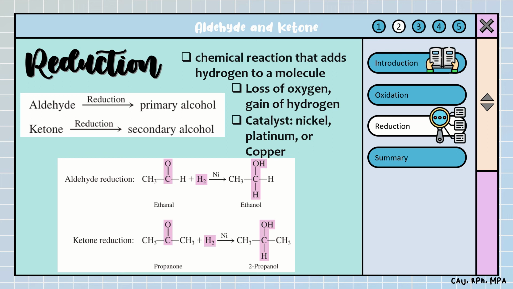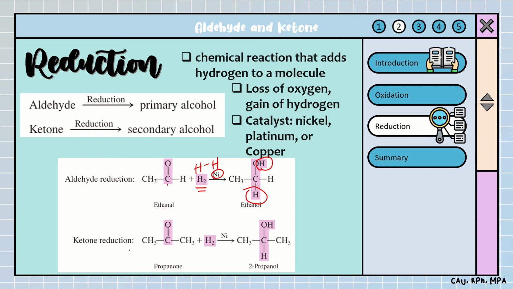So the product for our aldehyde reduction is the primary alcohol, while the ketone gives a secondary alcohol, as our example shown here. Again, the main important part of our reduction is the hydrogen. Since our aldehyde will react with hydrogen, one of the hydrogens will be bonded here, while the other hydrogen will be bonded to our oxygen after our catalyst breaks the double bond.